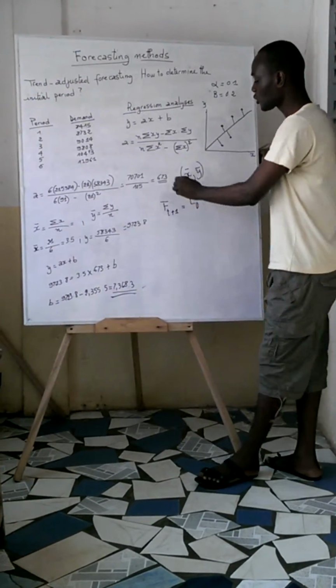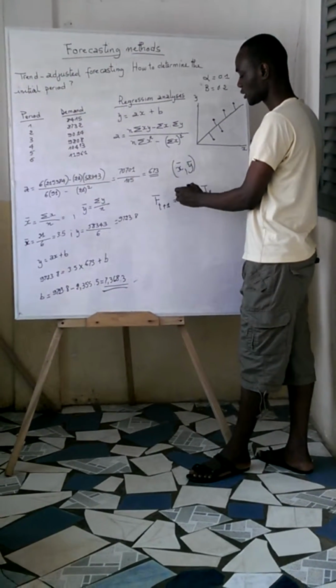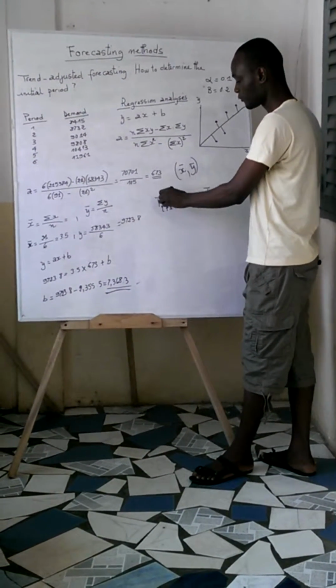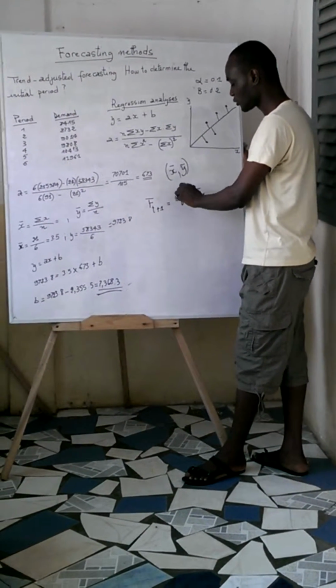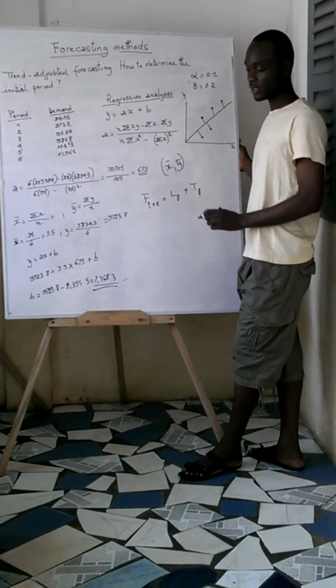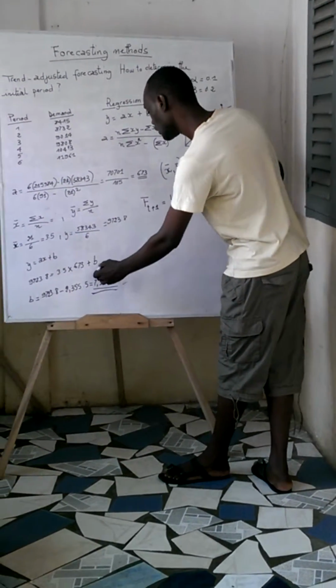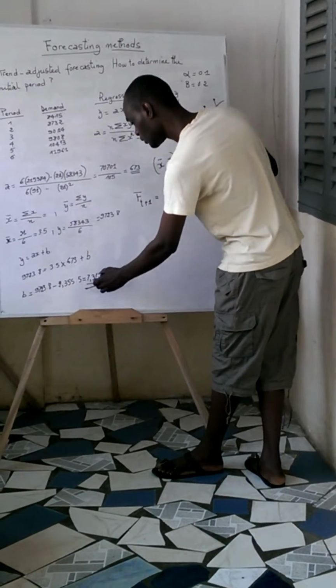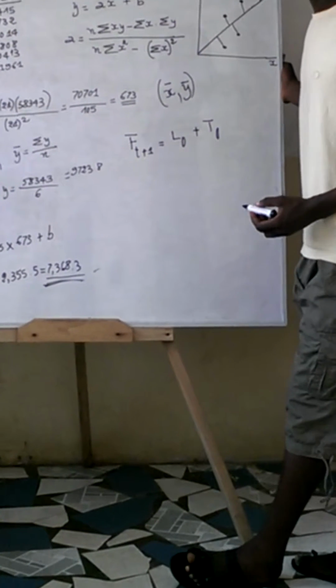So here the formula says that the forecast for period T plus 1 is equal to the level for period 0 plus the trend for period 0. Now, what is the level for period 0? The level for period 0 is right here, 7,368.3.